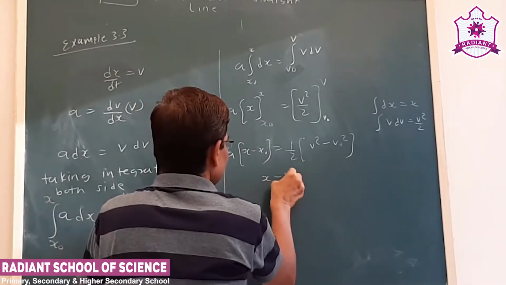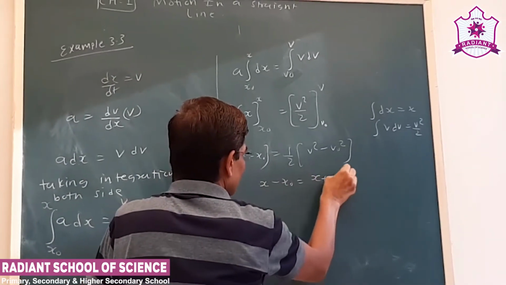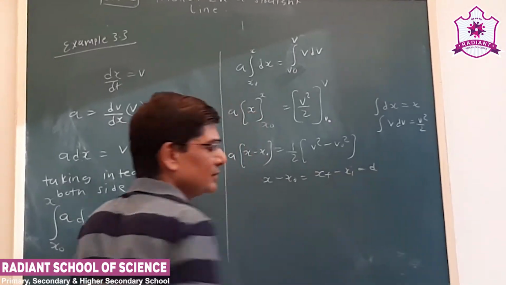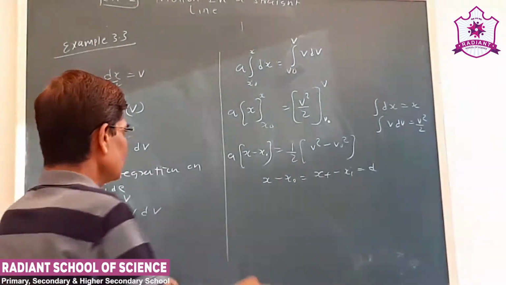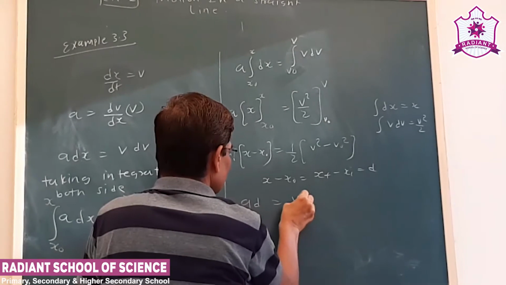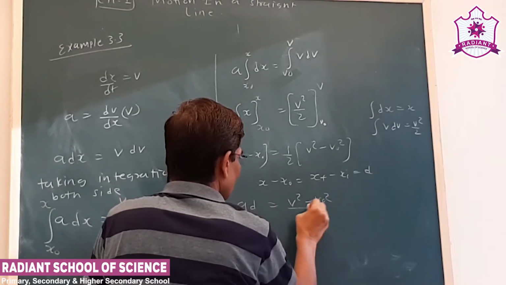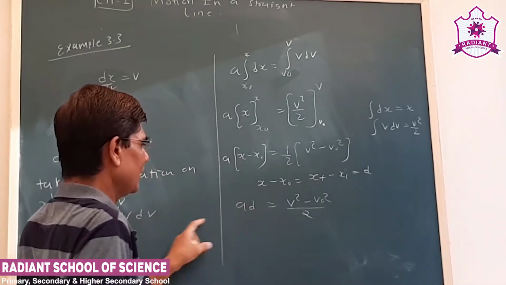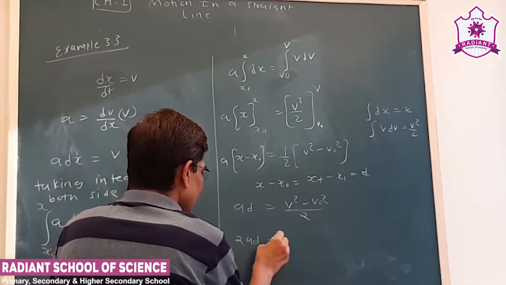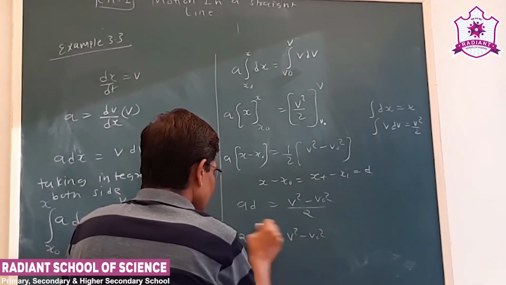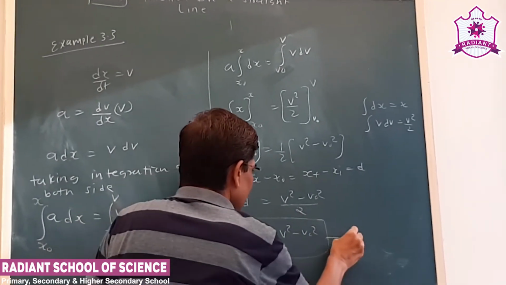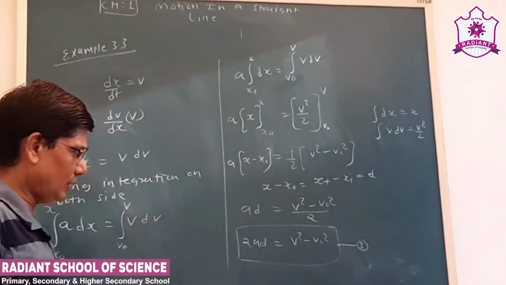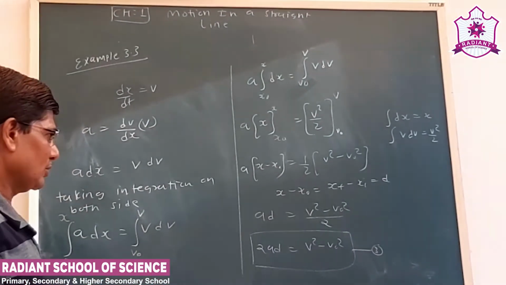Now x minus x0 is similar to xf minus xi, that is our displacement. So a d is equal to v square minus v0 square by 2. See, 2 we take on the left hand side, so 2ad is v square minus v0 square. This is our third kinematic equation of motion with constant acceleration.